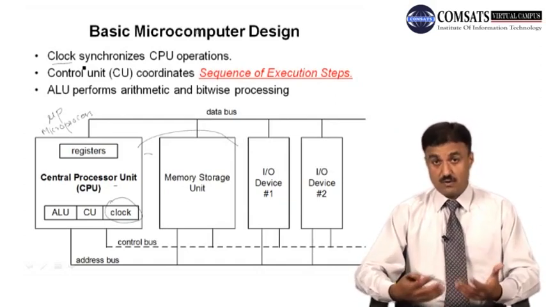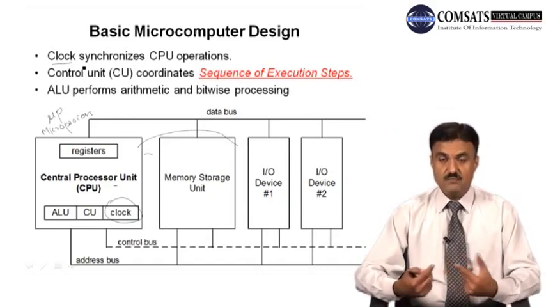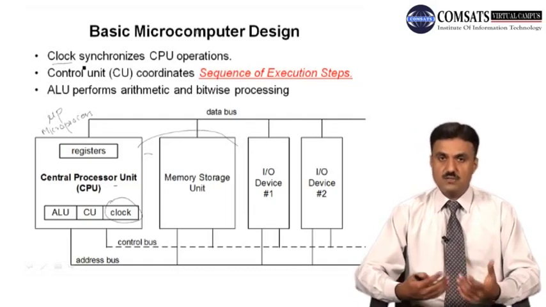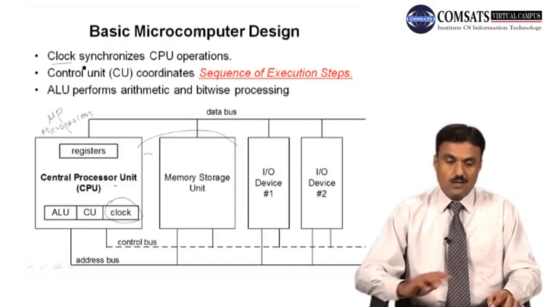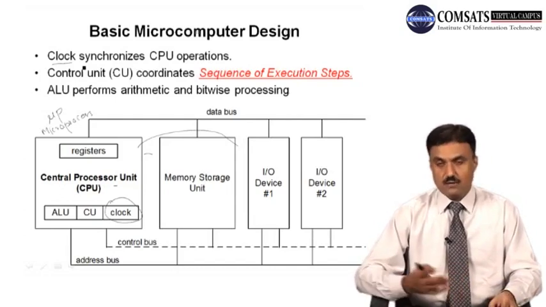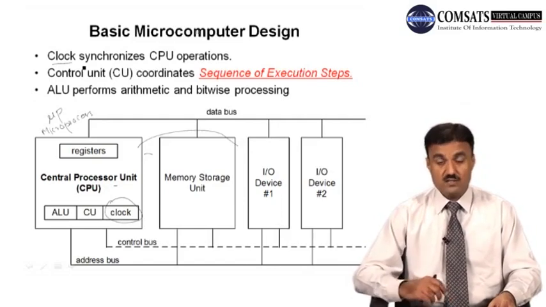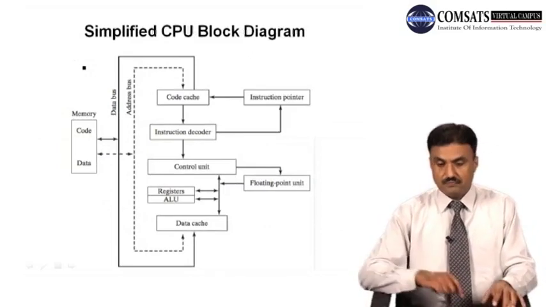We will see one example when we read or write data in memory. And the arithmetic and logic unit, as we know, performs arithmetic and logical, or bitwise, operations. This is just a simple overview.